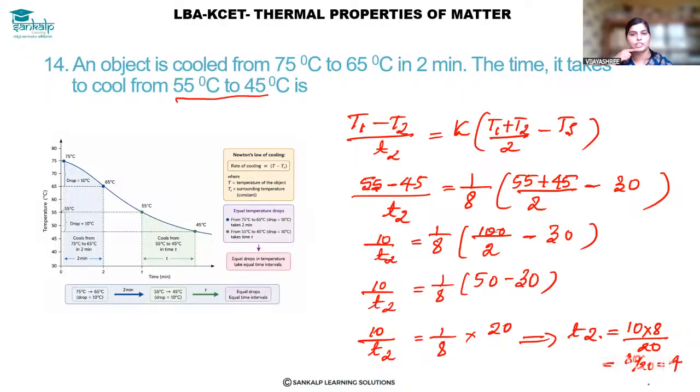Right? t2 equal to 4. Therefore, the second time interval is option A, 4 minutes. So t2 equal to 4 minutes. This is the correct answer. Thank you.